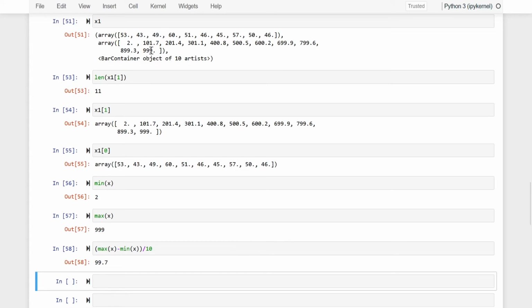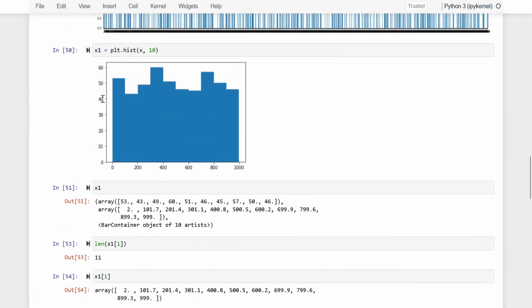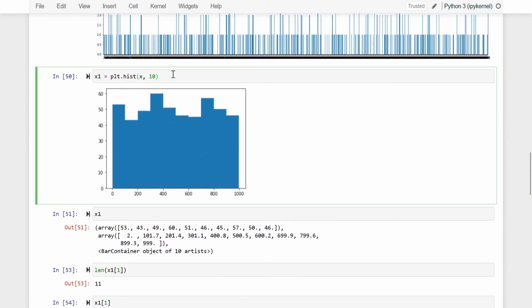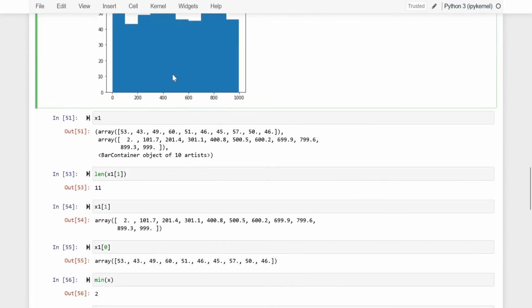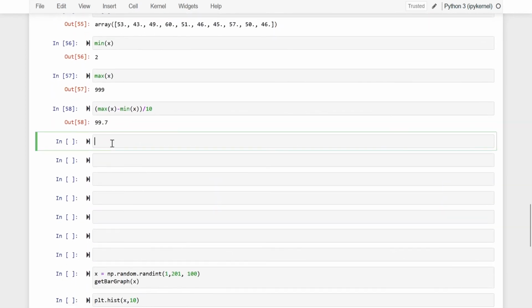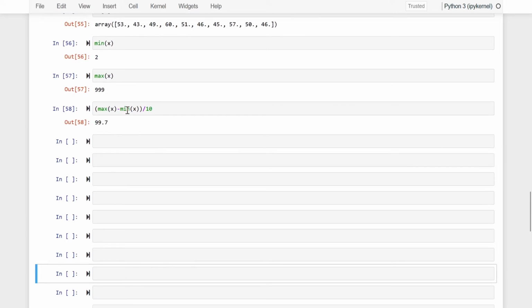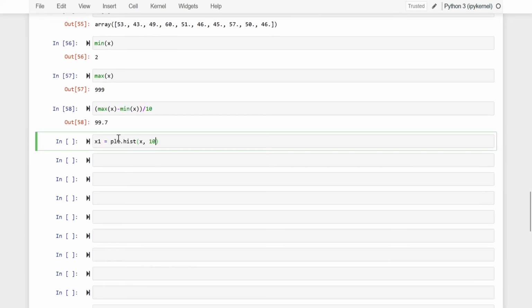But how many numbers? Numbers are 11. See here, we already counted. Okay, this will be clearer now. We will this time create 11 buckets.